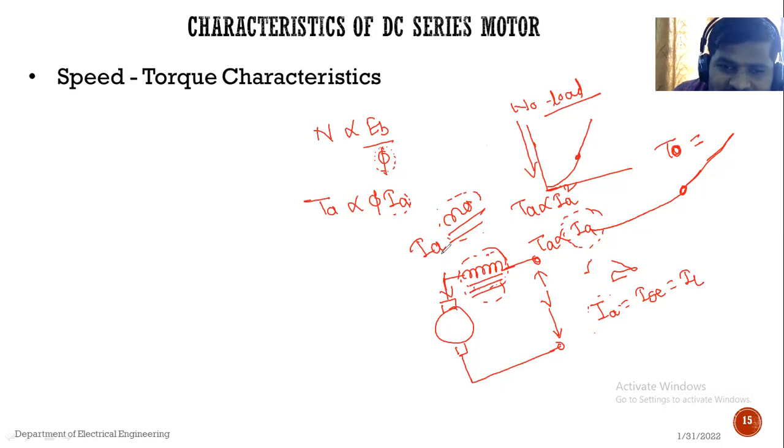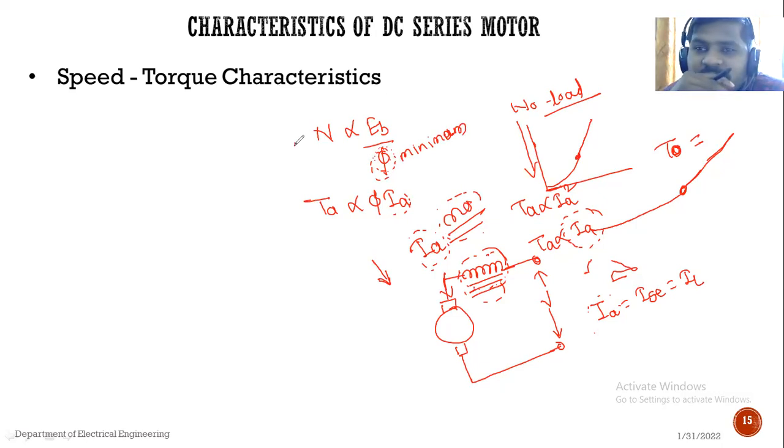So the field winding will carry the same armature current, so the flux remains minimum or it may be less. If the flux is minimum, what about speed? Maximum. Okay. So I think you people got the relation, the condition I wanted to tell.